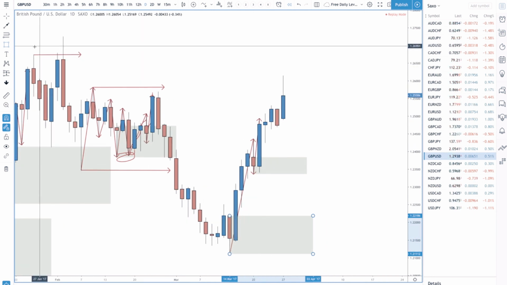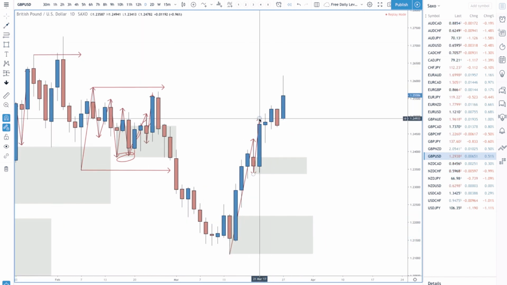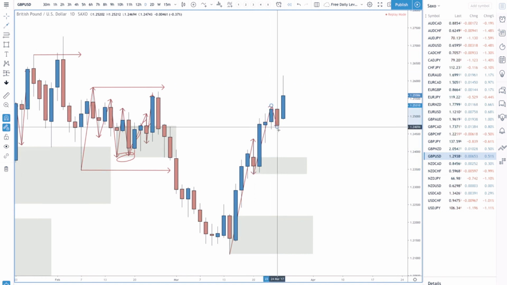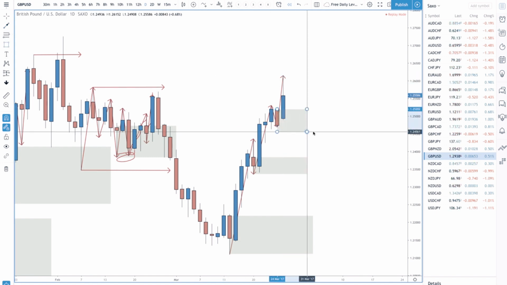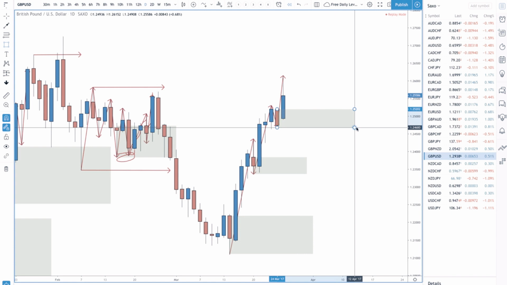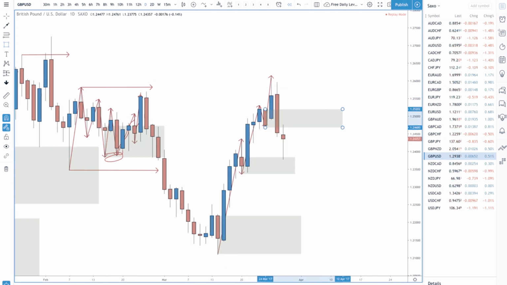There we are. So prices go higher there, get a pullback here, and then we get a move higher. So there is where we draw our demand zone. Get a bit of a move down.